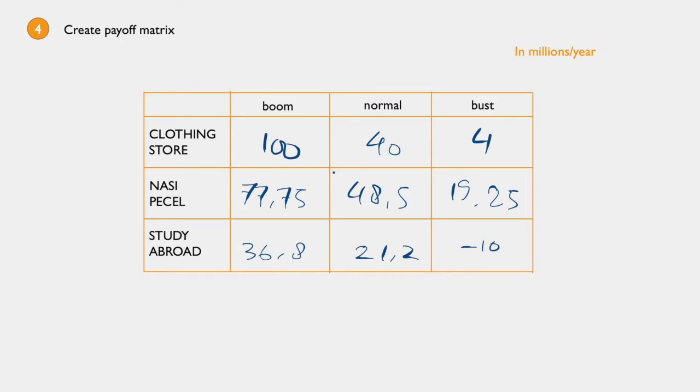So this is the payoff matrix in millions per year. And from this payoff matrix, now we can calculate our maximax, maximin, and so on to make decisions.